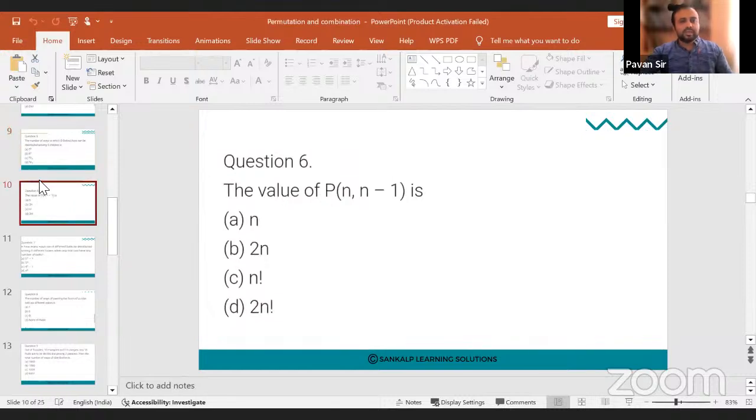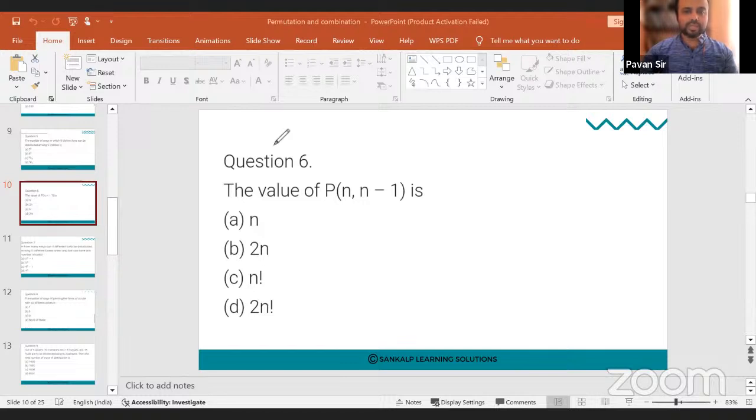Question number 6. The value of P(n, n-1) is what?